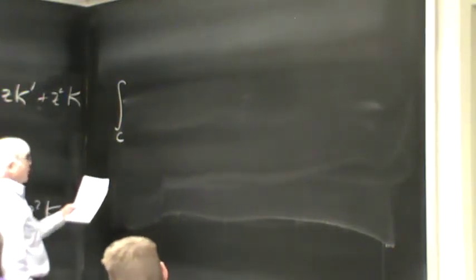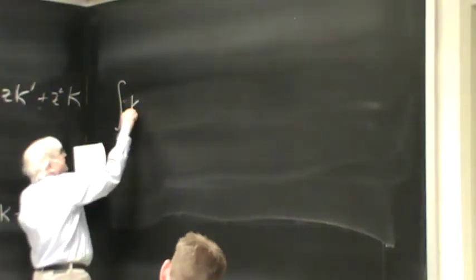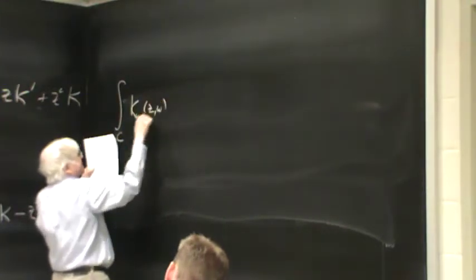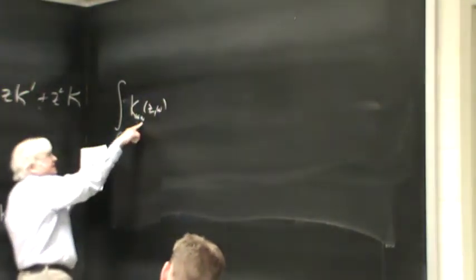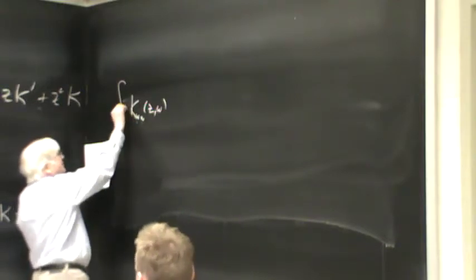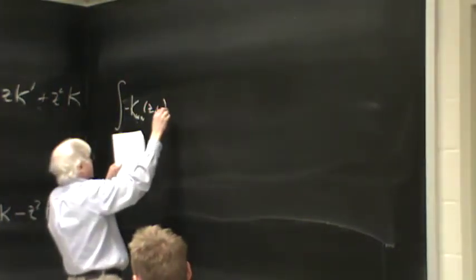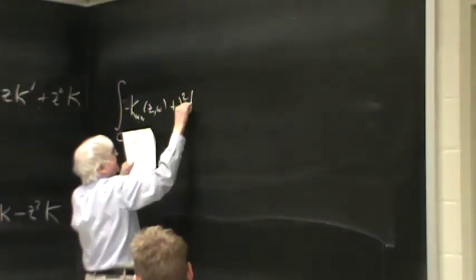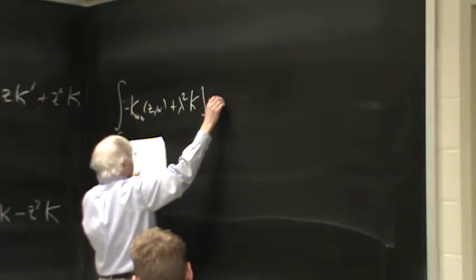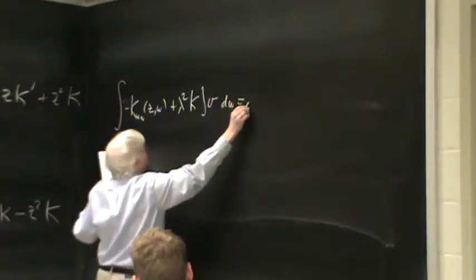Anyway, apart from, there may be a minus sign loose here that I'm just now noticing. But what one gets here is K_WW of z and w. This is the double w derivative. And it seems to me we should have a minus sign there. Plus lambda squared K V dw equals 0.